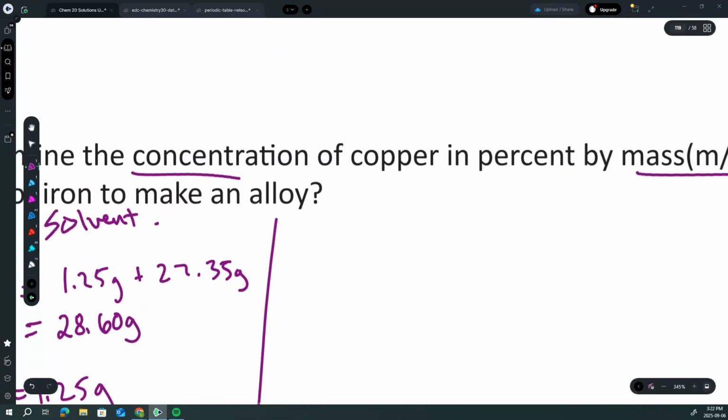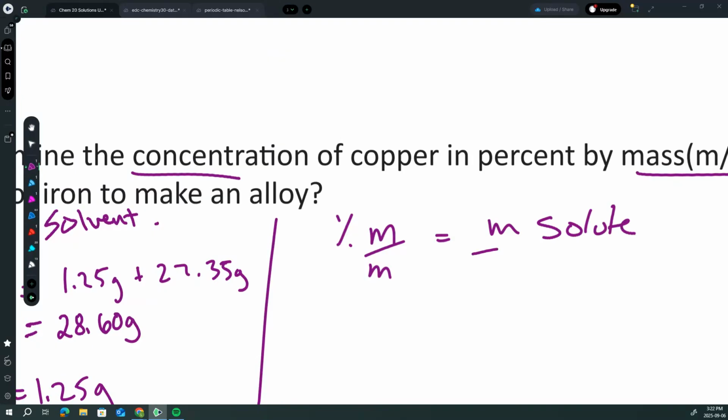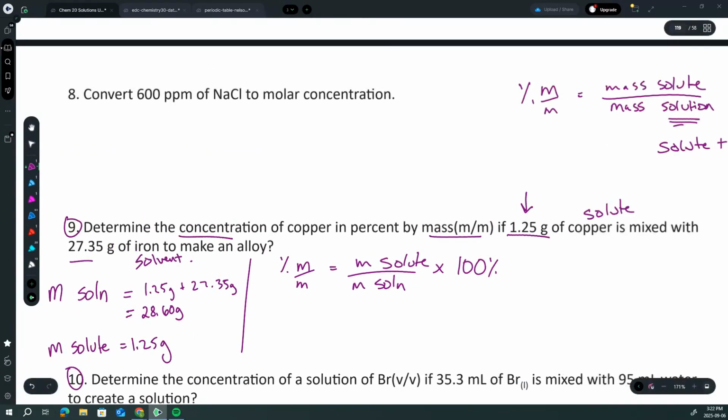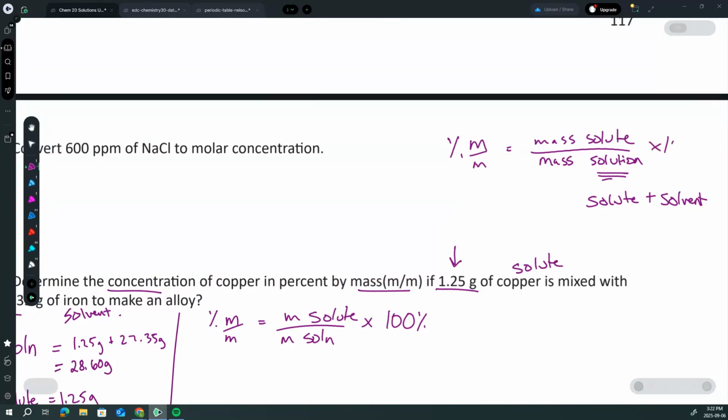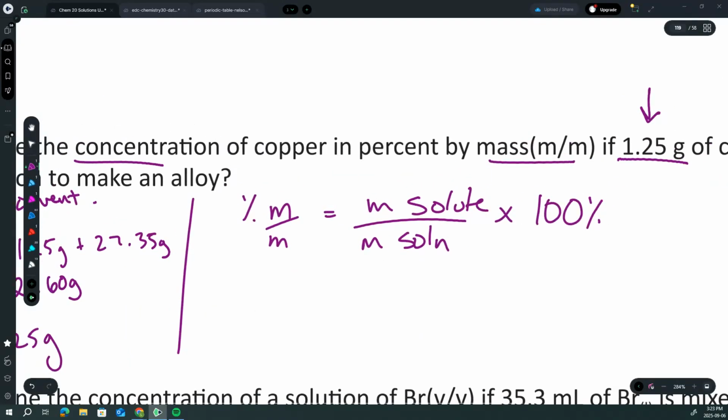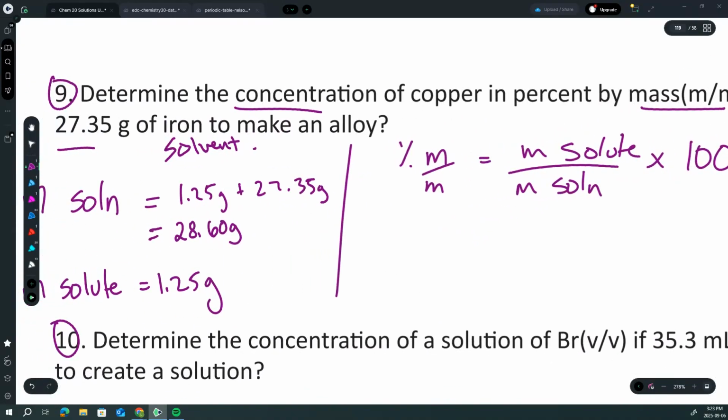Okay, let's start off with our formula. Percent mass by mass, mass of solute divided by mass of solution times 100%. No, I didn't put the times 100%. My bad on that. All right, so let's plug in our numbers here.